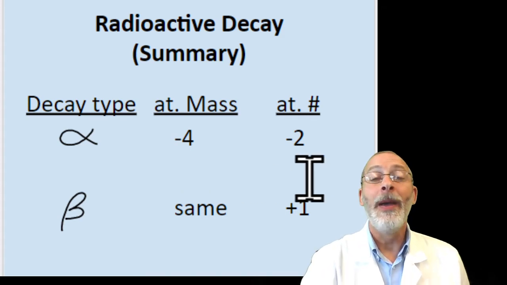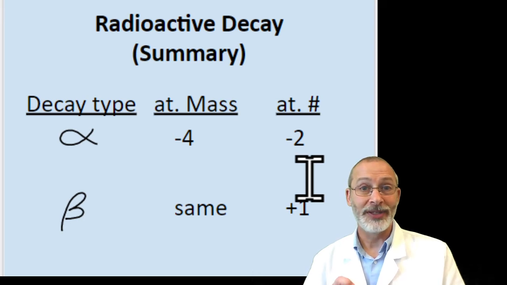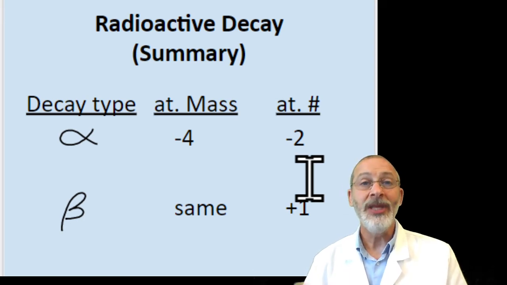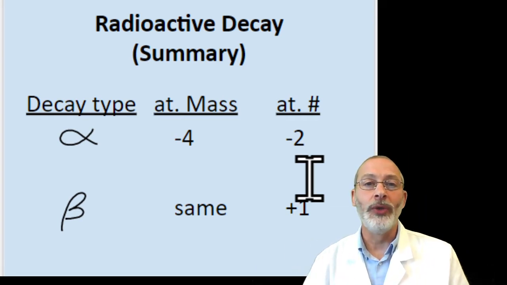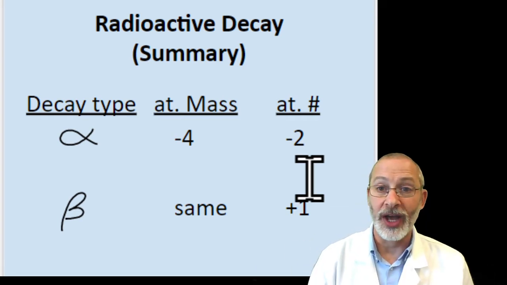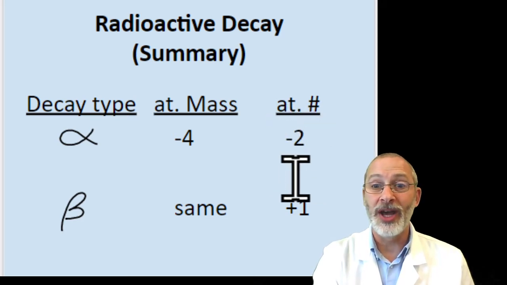The atomic number, however, is reduced by 2. Why? Because you're only losing 2 protons.